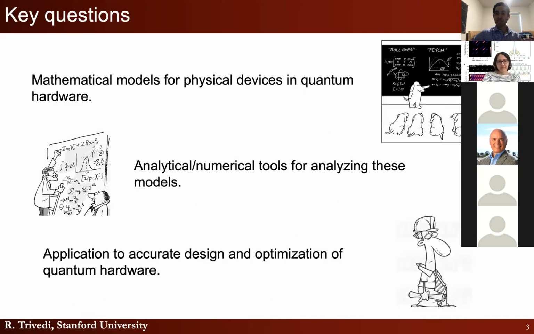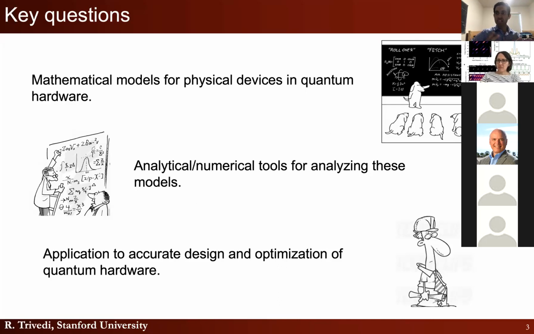And finally, can we use these models to solve practical design problems in quantum hardware? This is something I'll touch upon in the second half of my talk, where I'll show you examples of experimental systems that we can understand using these mathematical scattering models, as well as how we can design these experimental systems for concrete quantum technology applications.